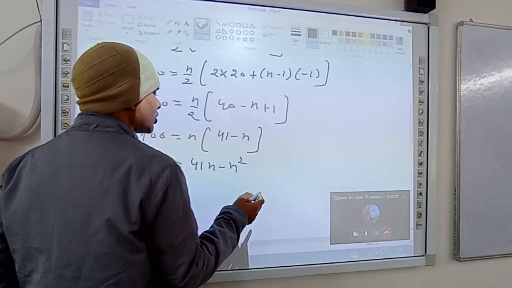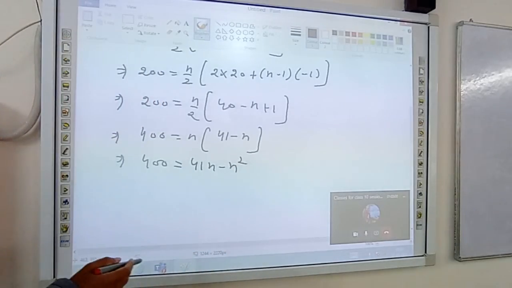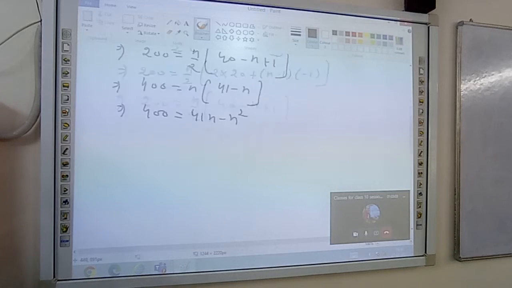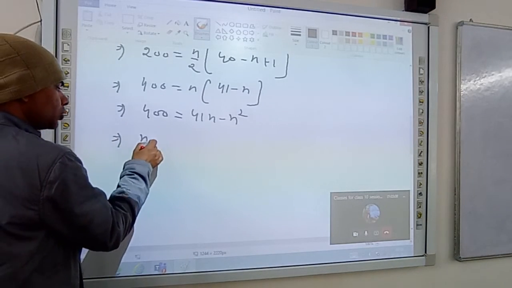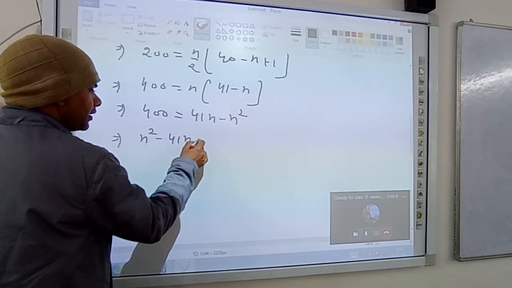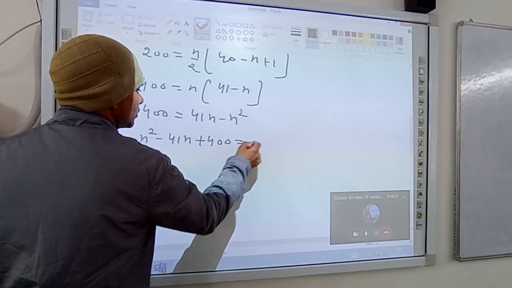The coefficient of n square should be plus 1, so we transfer it from the right hand side to the left hand side. n square minus 41n plus 400 equals 0.